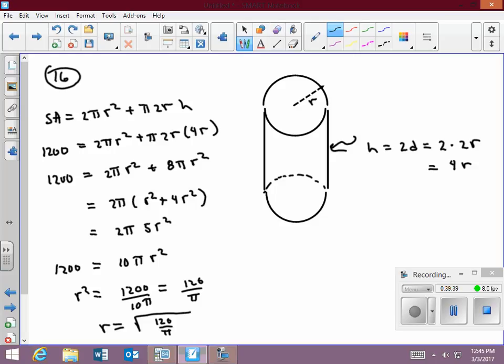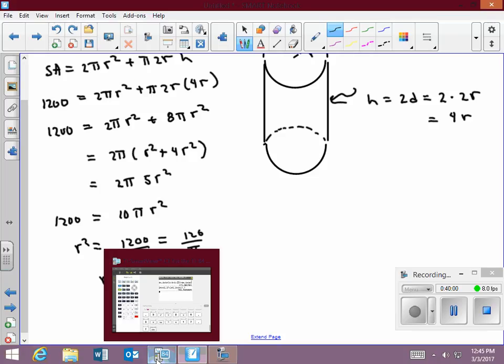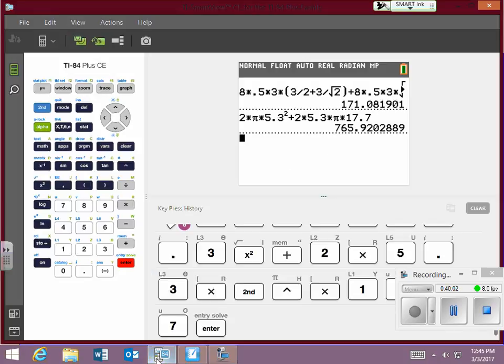And what am I supposed to be doing? Find the dimensions, right? Of the cylinder. So I got to get this thing. What was that? That was 120 over pi, wasn't it?